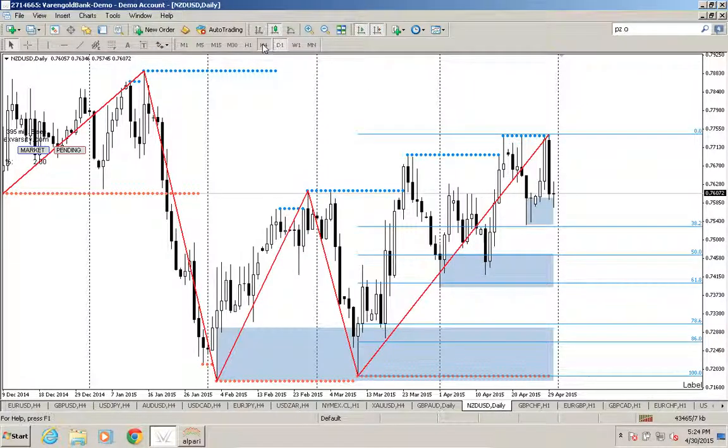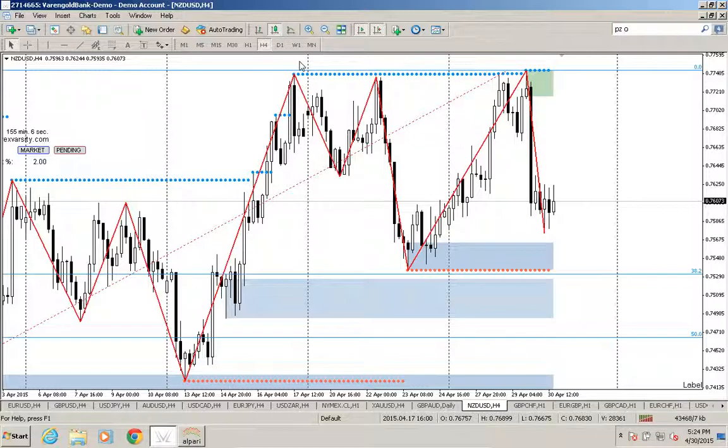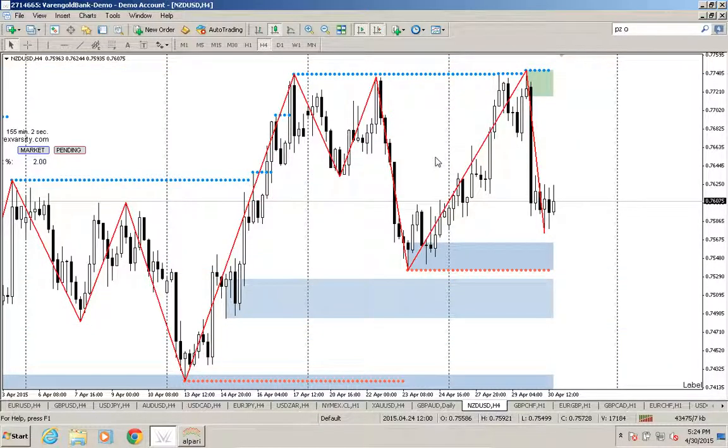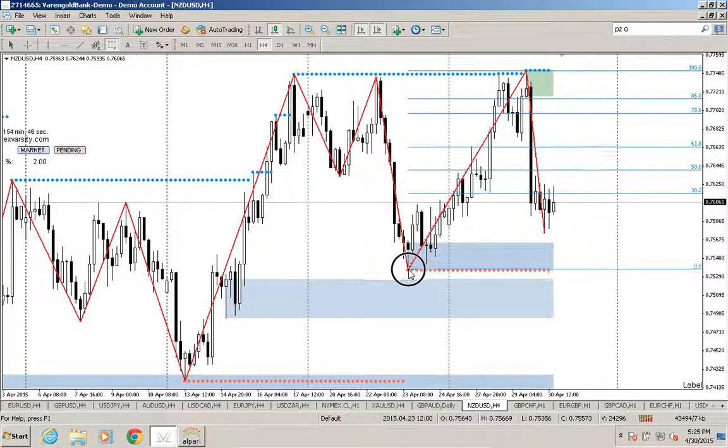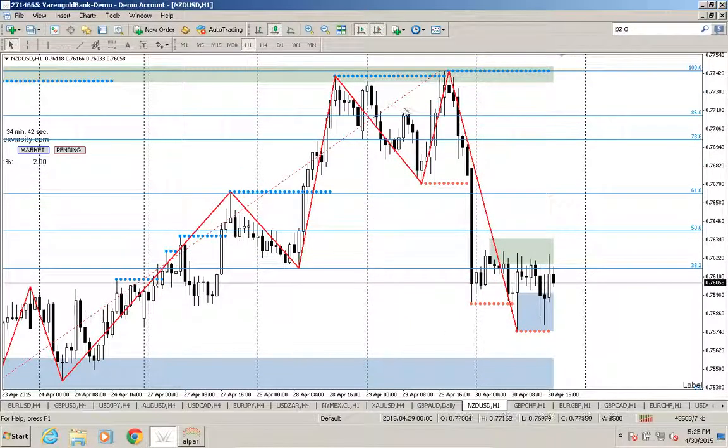So we'll go to a lower time frame and look at 4 hours. And we'll see here, if we draw a fib we'll actually be using a fib here. Looks like we'll be using a fib to buy. We draw it from our high to our low. Again, 61 on nothing important.